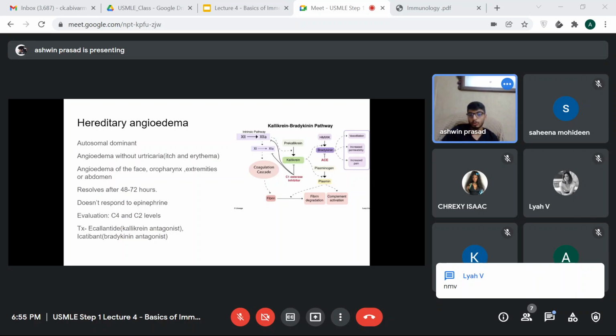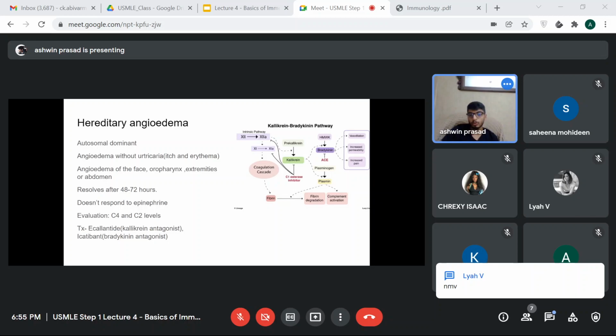Rather, he's having a condition called hereditary angioedema. That's why people with allergies carry EpiPens, because as soon as you get an allergic reaction, you use epinephrine to reverse it. But in this case, it wouldn't help because it's a different pathophysiology.